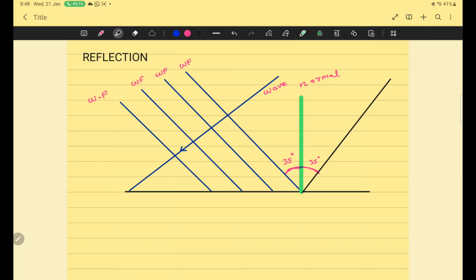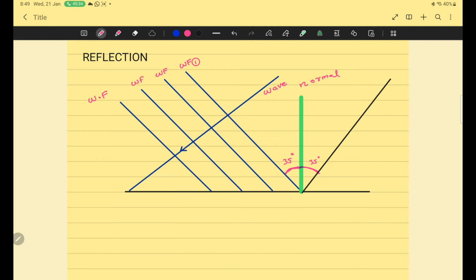This is wavefront number one, and at the edge of wavefront number one I have drawn a normal which I will erase. Measure the angle between wavefront number one and the normal.